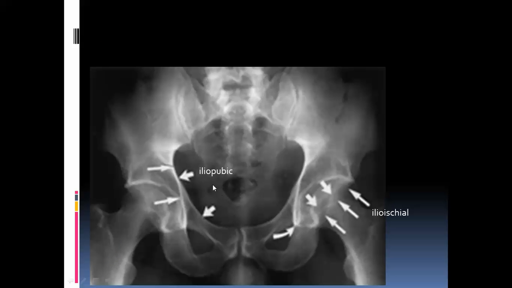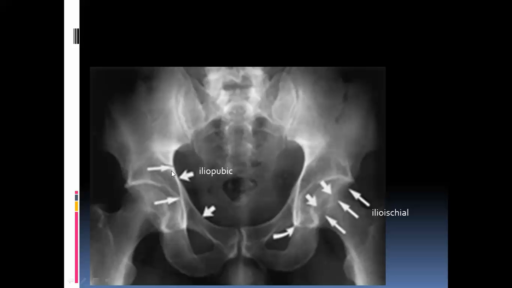Here, this is the iliopubic bone or junction, and this is the ilioischial junction, and this is the teardrop.